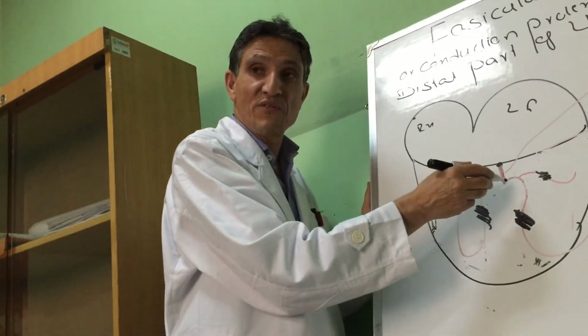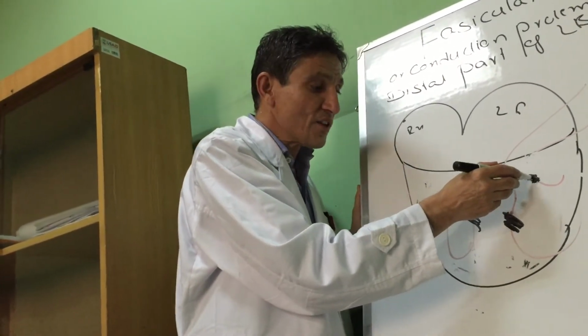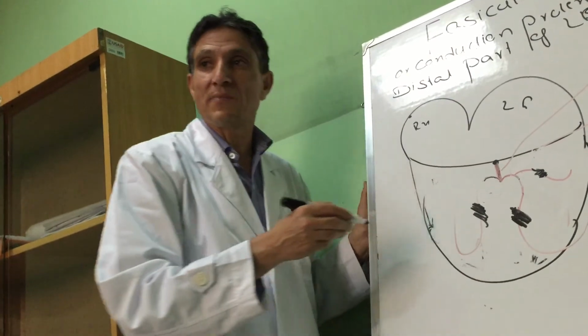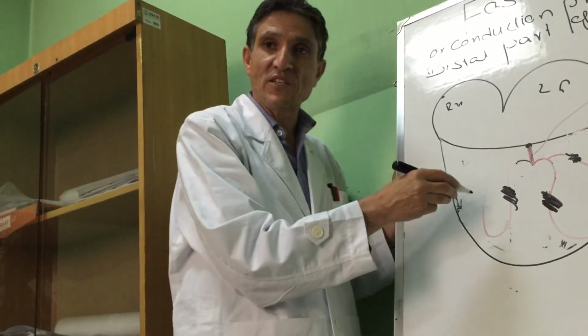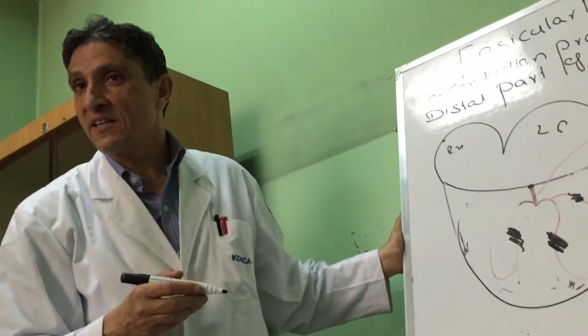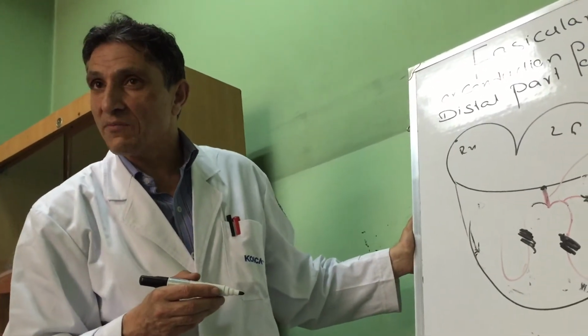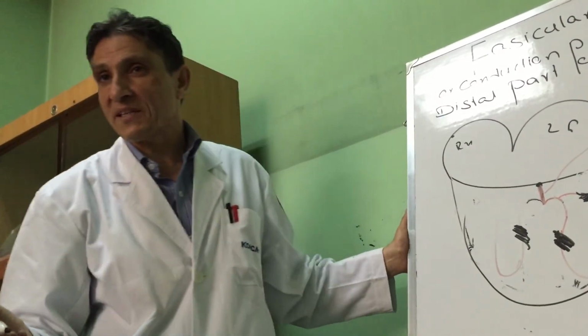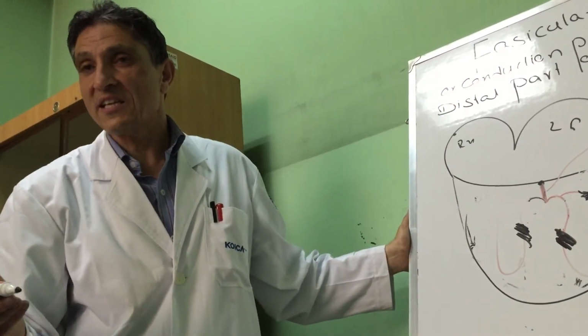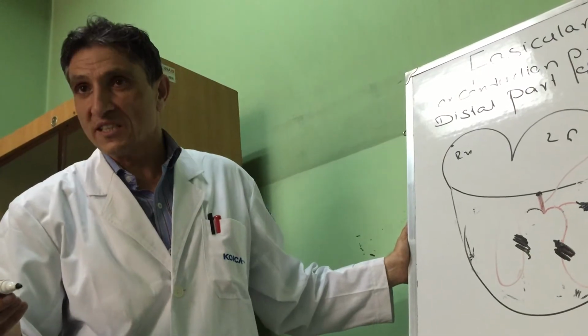If a patient has anterior fascicular block plus right bundle branch block, they call it bifascicular block. The clinical role of bifascicular block is related to the symptoms and signs. Those people who have symptoms and signs of block should need pacing. If they do not have any symptoms and signs of block, there is no need to treat this patient.